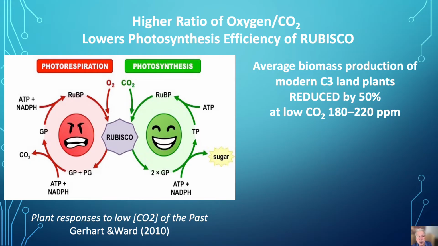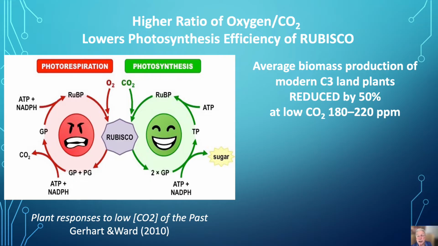Thus, under those conditions, RUBISCO could be sloppy about discriminating between carbon dioxide and oxygen, yet still be productive. As oxygen concentrations increased and CO2 decreased throughout the Paleozoic, RUBISCO increasingly grabbed oxygen instead of carbon dioxide, initiating destructive photorespiration that reduces plant productivity.